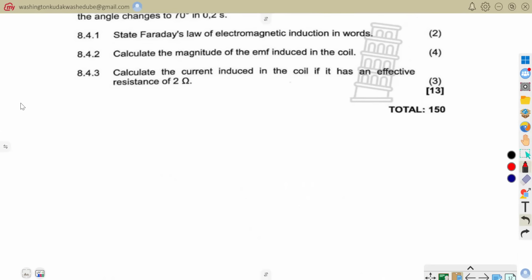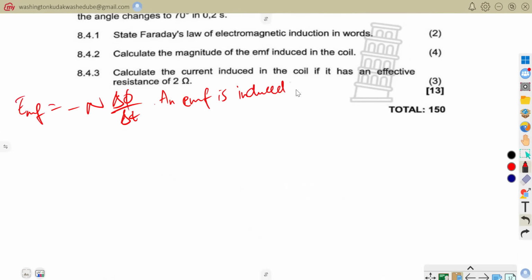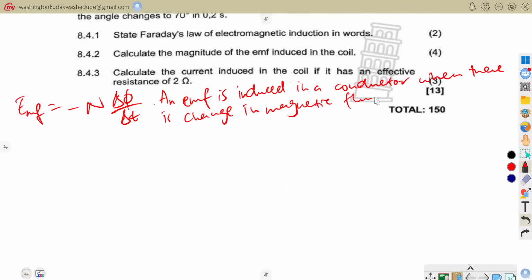So the law is given by this equation, and you are just defining that equation in words, where you are saying that an EMF is induced in a conductor when there is a change in magnetic flux within that same conductor.